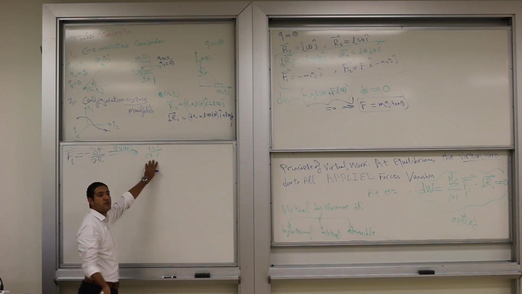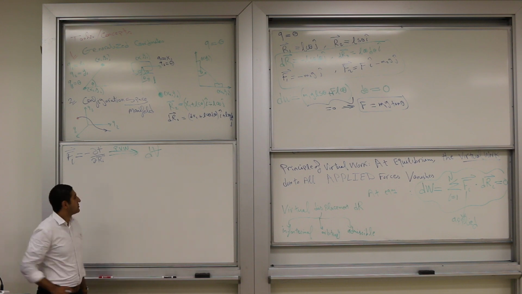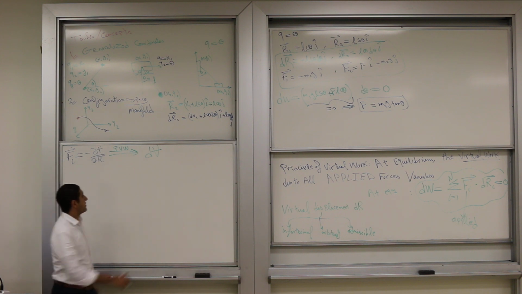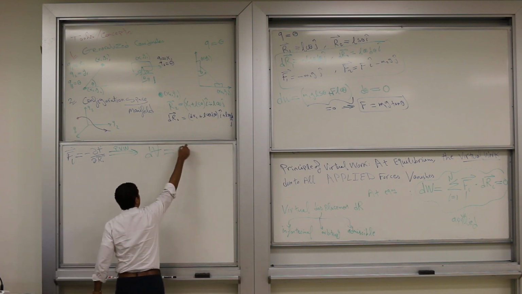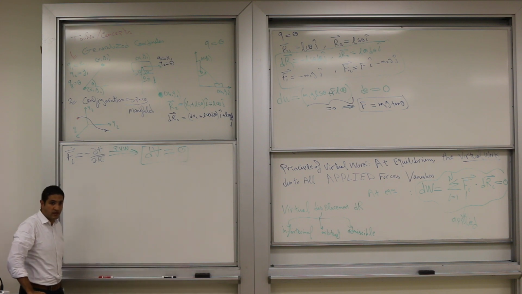If V is a function of the positions, R1, R2 up to Rn, what's dV? It's partial V partial R1 dR1, partial V partial R2 dR2, and so on, right? So if F is this, if we substitute over there, we immediately get that the principle of virtual work reads as follows: dV equals 0.